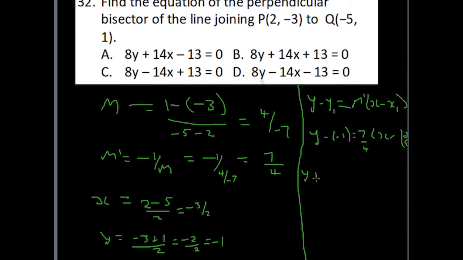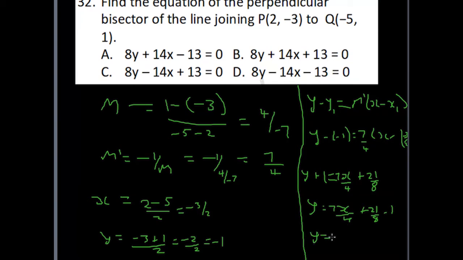Okay, so this is y plus 1 equals 7x over 4 minus 21 over 8. So y equals 7x over 4, minus 21 over 8 minus 1 will give us 13 over 8.